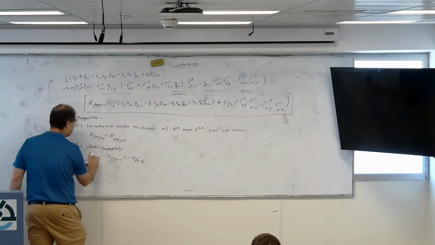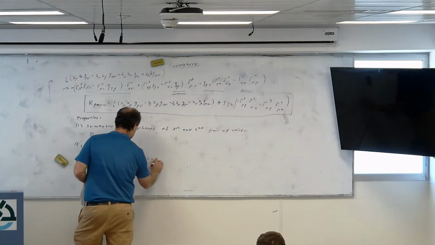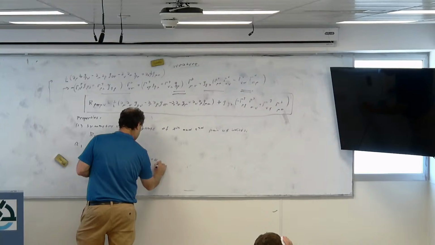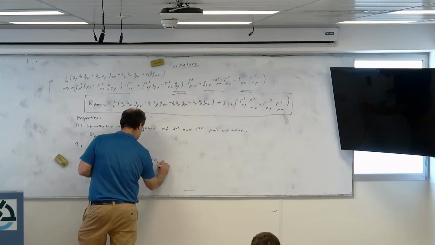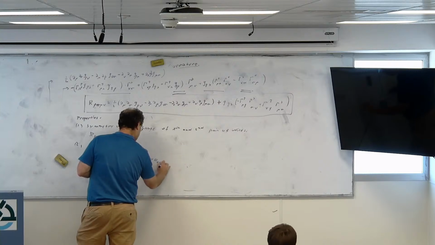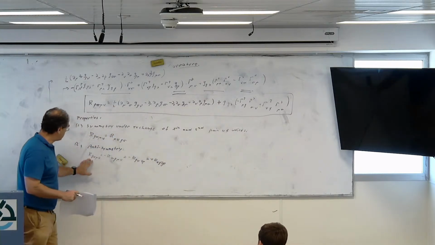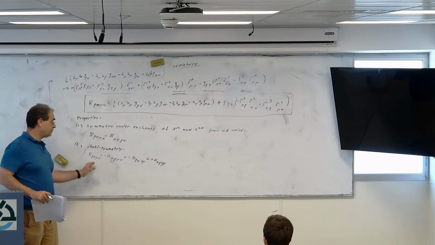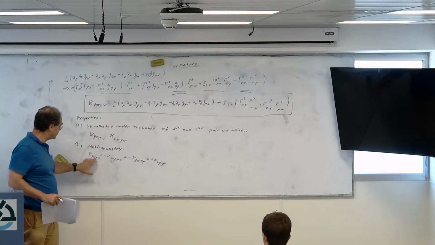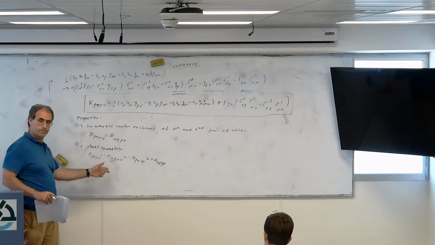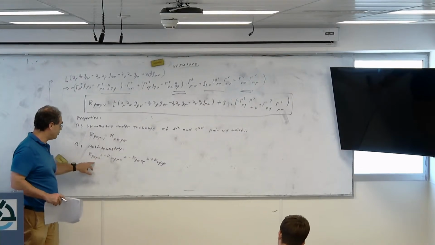So anti-symmetry, which is plus R sigma rho mu. So anti-symmetry is just in the first pair, between the first or the second two indices. Okay, I cannot exchange all.